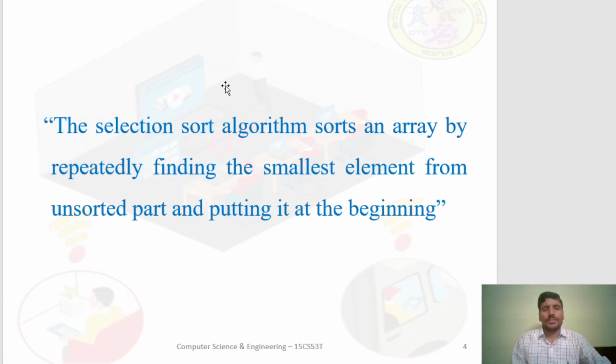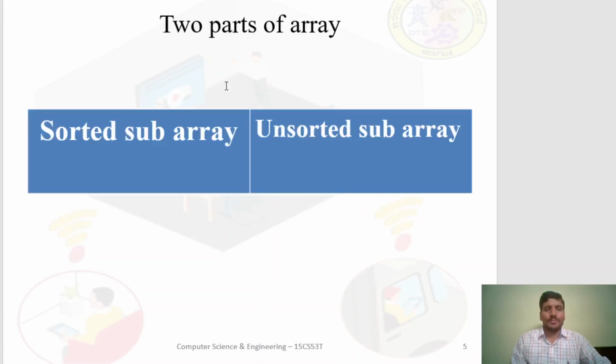Right? That is, we divide a given array into two parts, sorted array and unsorted array. So here you can see the given array is divided into two parts. Left side part is the sorted array and right side part is the unsorted array.